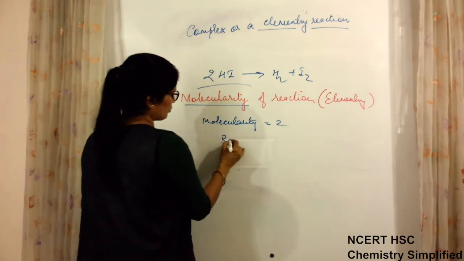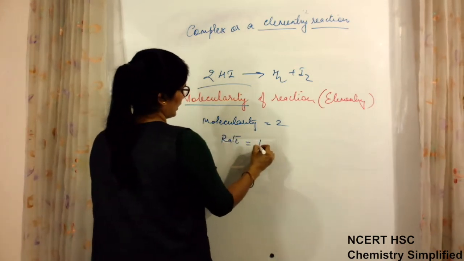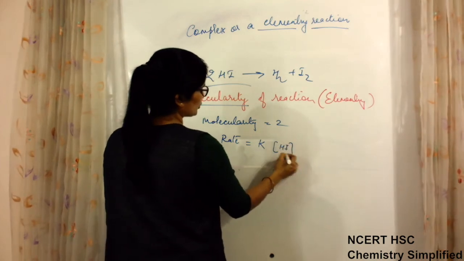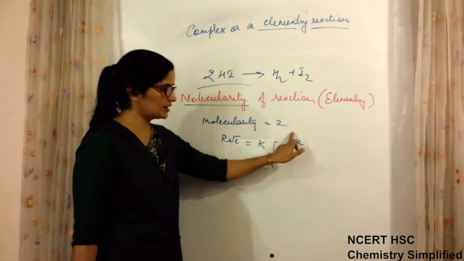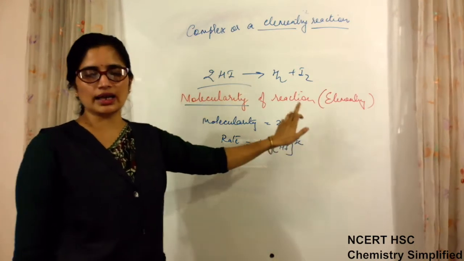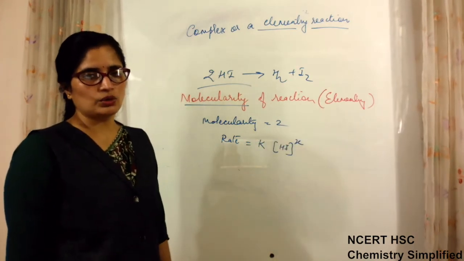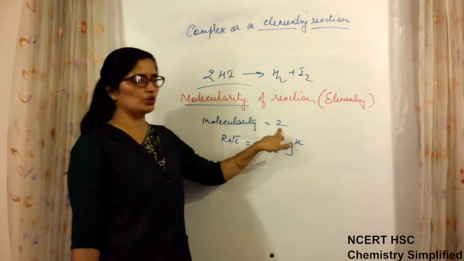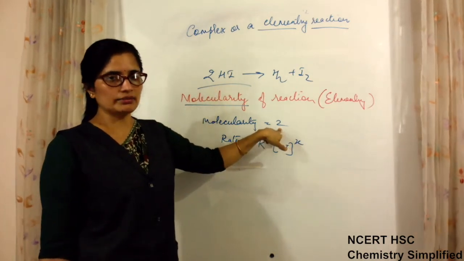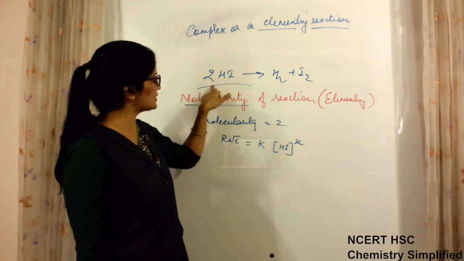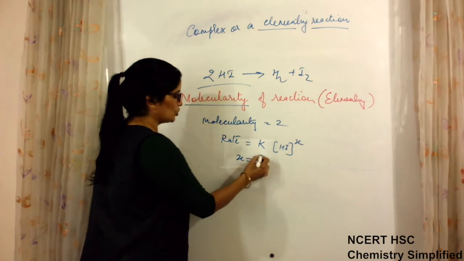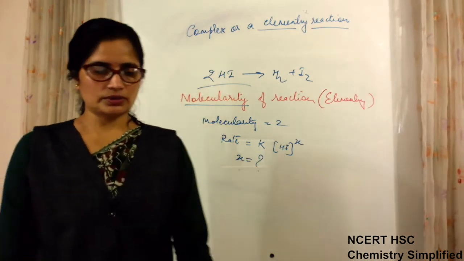So the rate for this can be written as K times the concentration of HI raised to power X. This X we have to know with the help of data, not by just looking at the reaction. But molecularity we can know just by looking at the elementary reaction. So the molecularity of this reaction is 2, but the order of this reaction is not known.